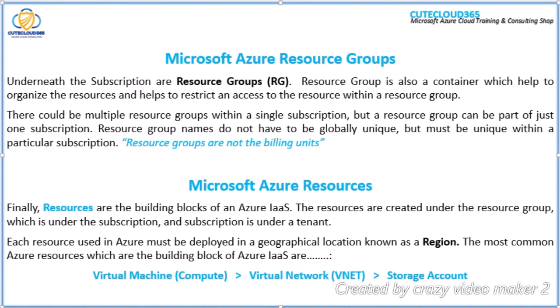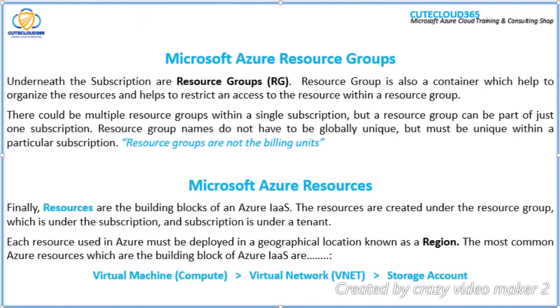So you can restrict the access on each resource group for a different team. If you have given access at the subscription level, anyone can use the resources underneath the subscription. But if you want to separate the access, you can do that by creating resource groups. There can be multiple resource groups within a single subscription.